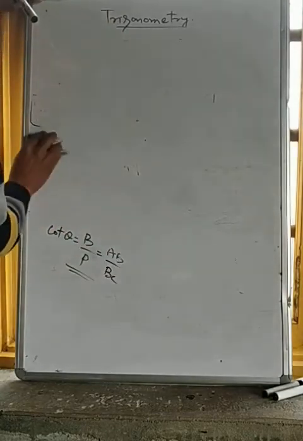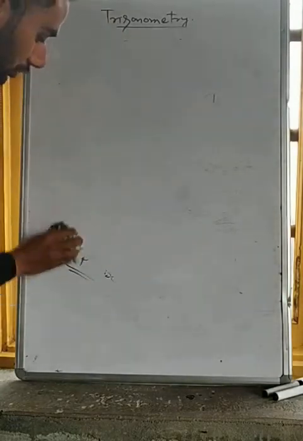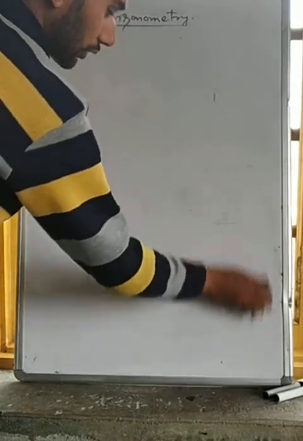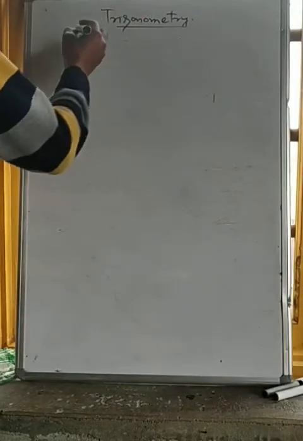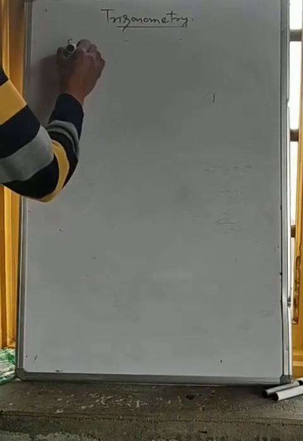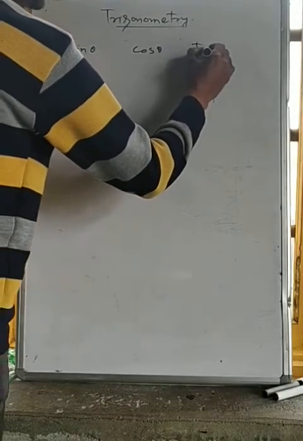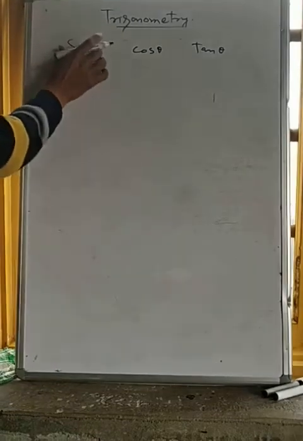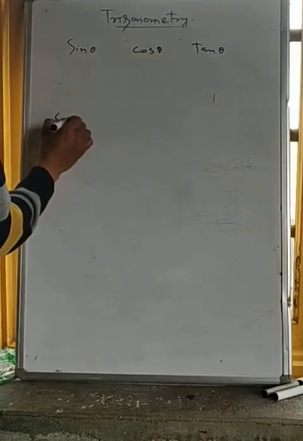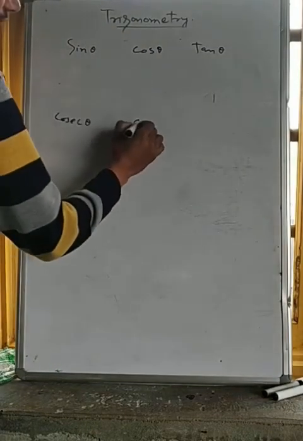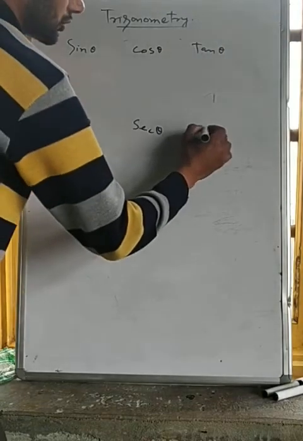To make sure that you can easily solve these questions, let us make a formula table. Let's keep sine theta, cos theta, tan theta, and its opposite is cosec theta, its opposite is sec theta, and its opposite is cot theta.